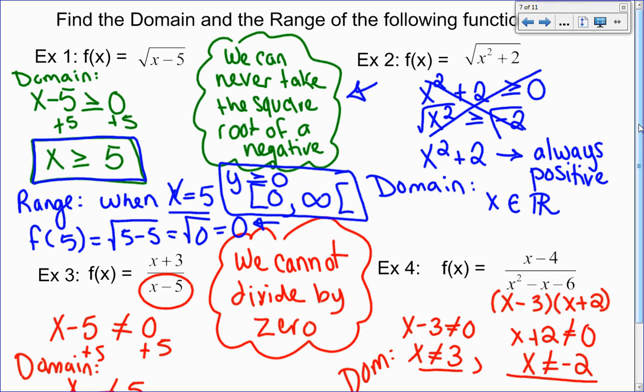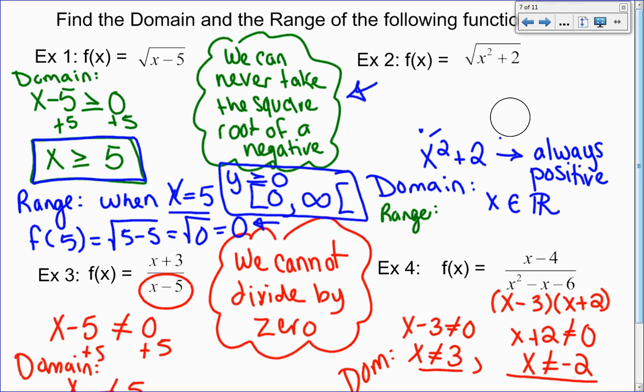Okay, we'll look at that again here. So if we want to find the range of this function, let's think about this. The smallest value that x squared plus 2 can be. In your head, for the range, you're thinking, what's the smallest value?